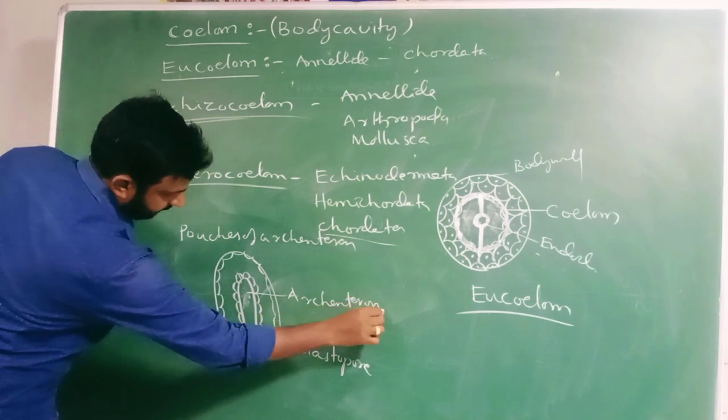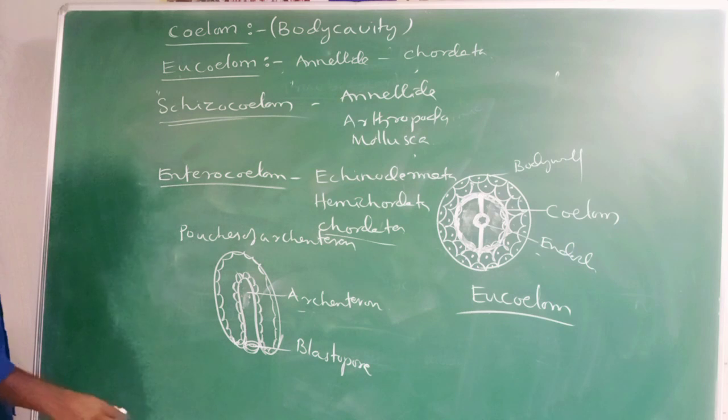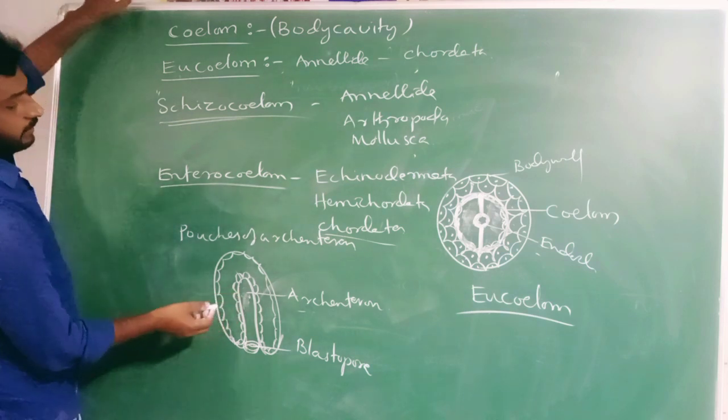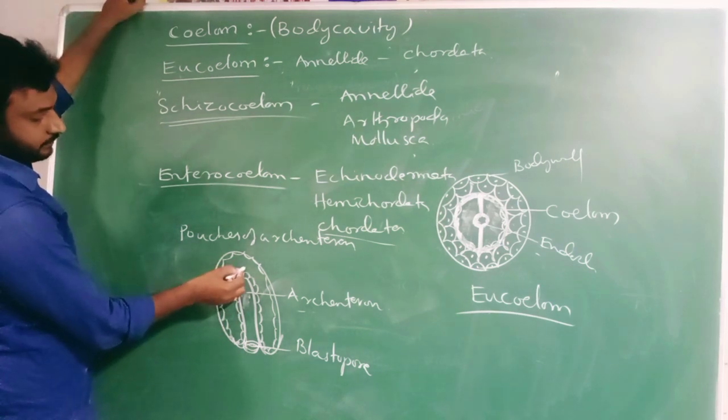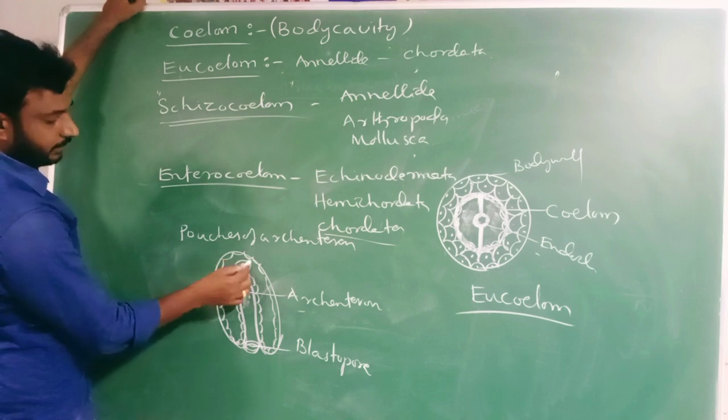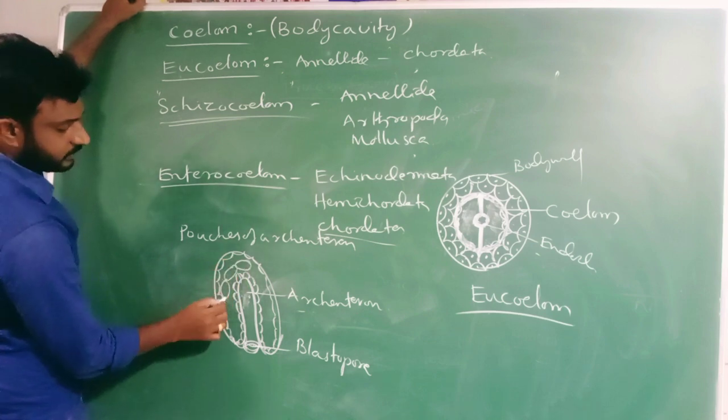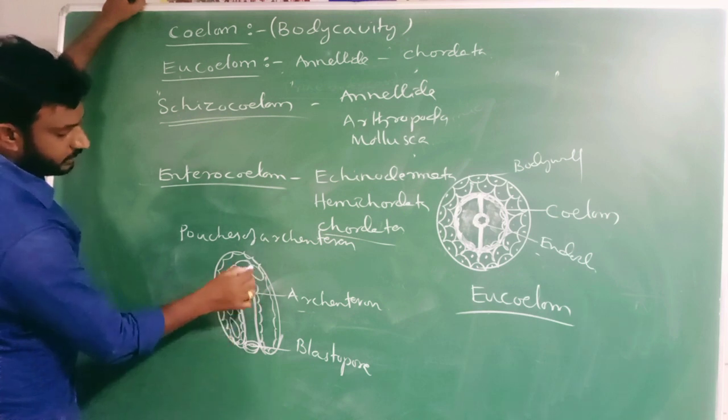Archenteron is a cavity present inside the gastrula stage. From the archenteron, a few cells detach and enter the middle between the ectoderm and endoderm. That forms mesodermal pouches.